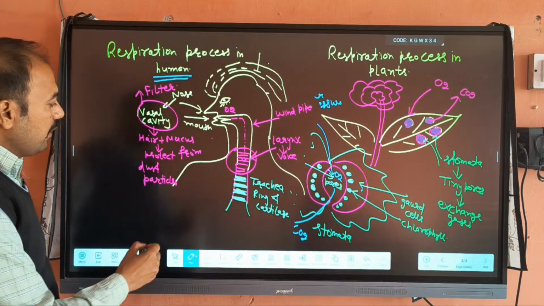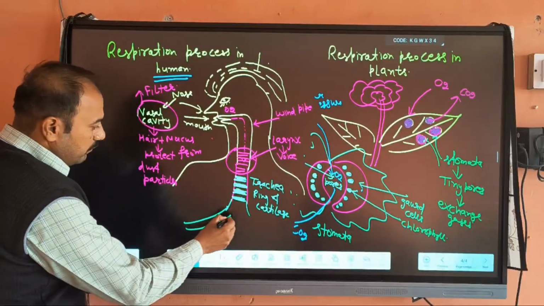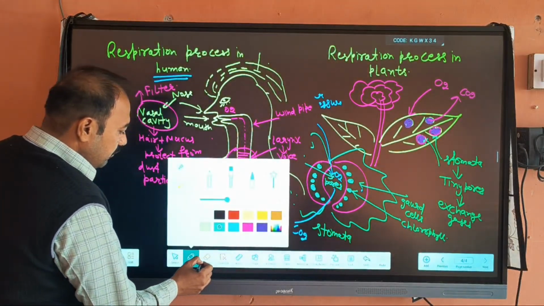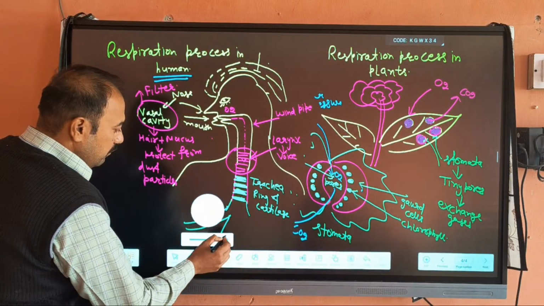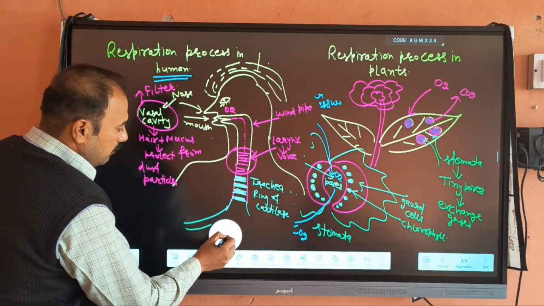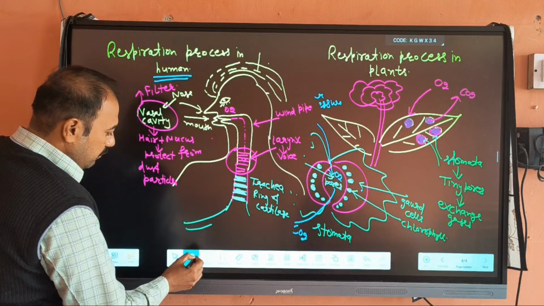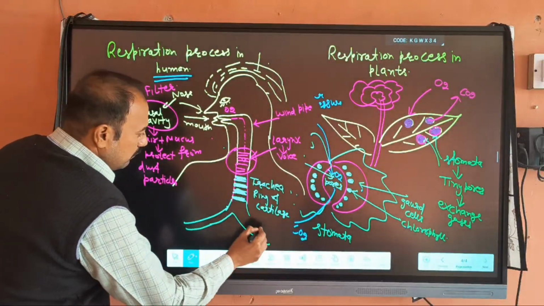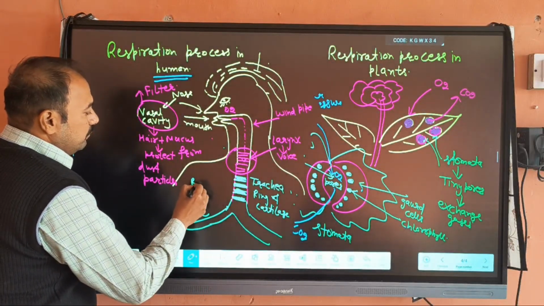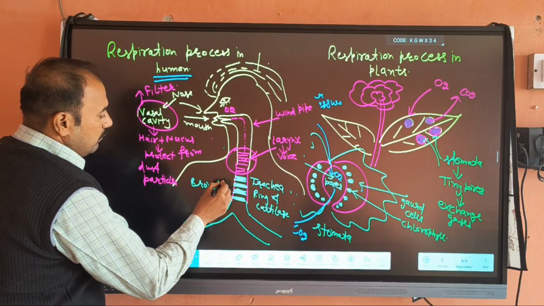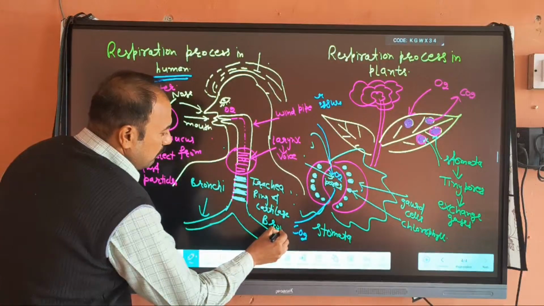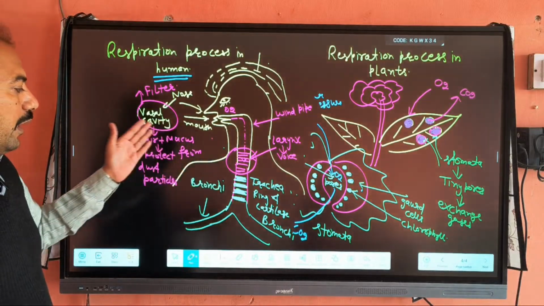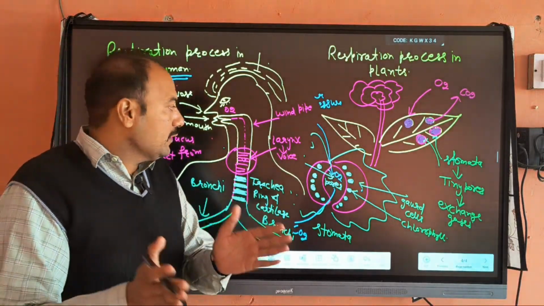So this goes downward, what does it contain? These are known as the bronchi. So the trachea or windpipe is divided into two parts. Those two parts are known as the bronchi.